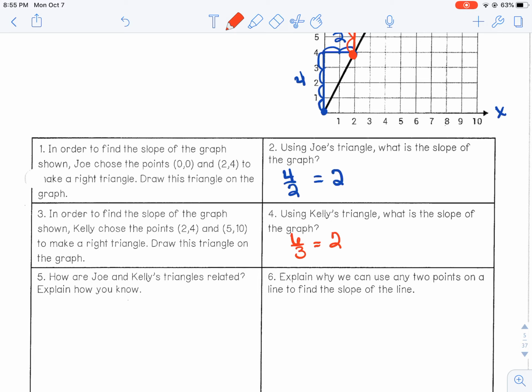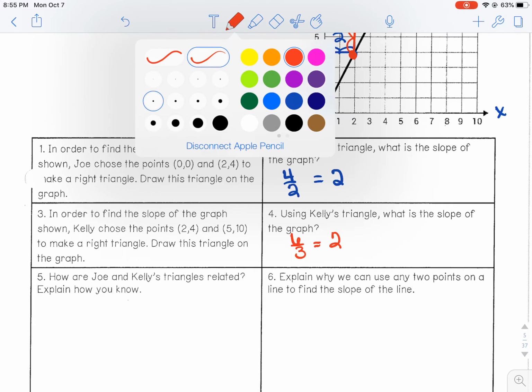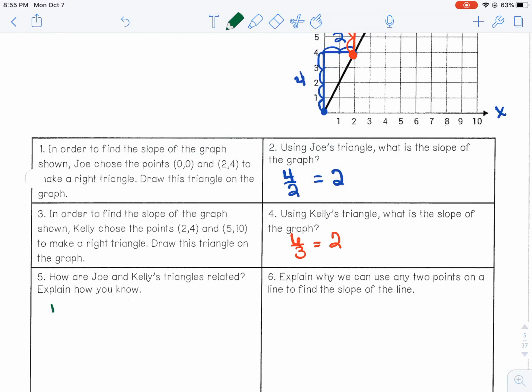So how are Joe and Kelly's triangles related? They are similar. I'm going to get a different color to write all this stuff in.